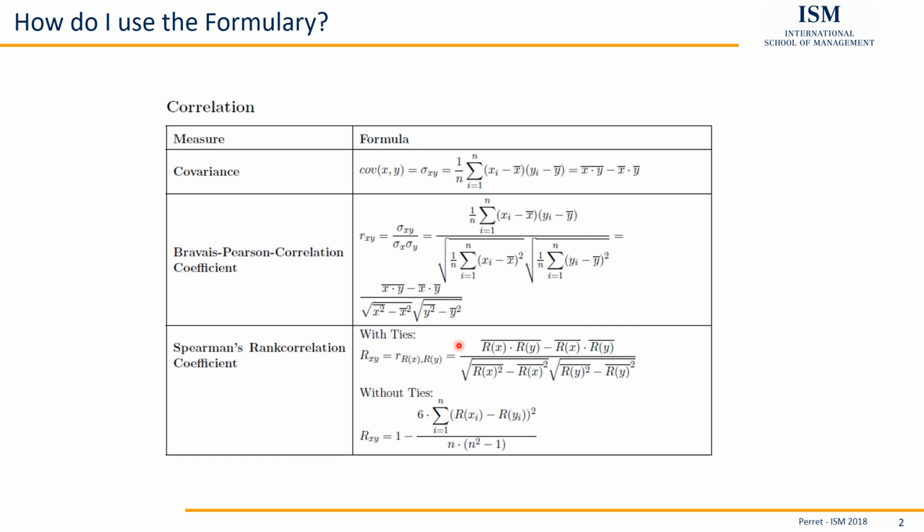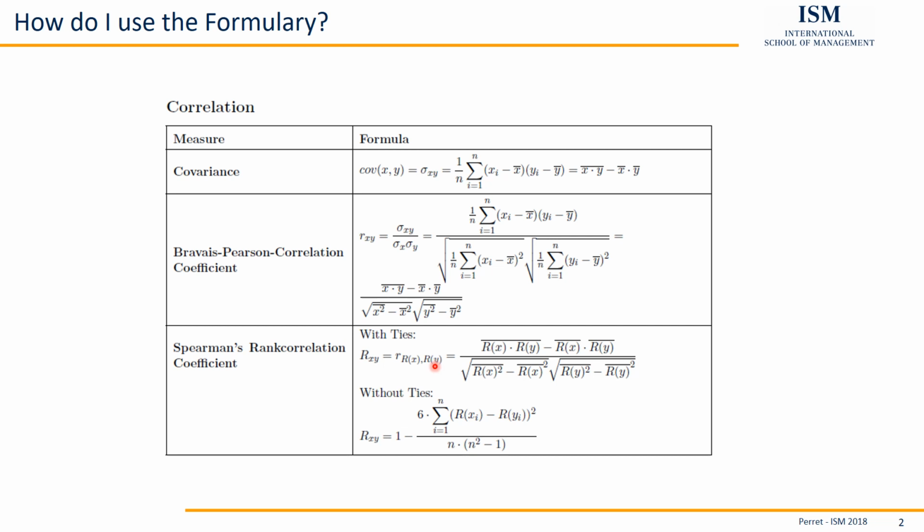So what we do instead is first we rank our data from smallest to largest. So we introduce a rank, and here the R of x simply means the rank that the value x has in the overall data set. R of y is the rank that this specific y has in the overall data set.